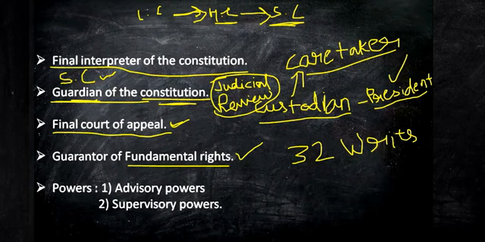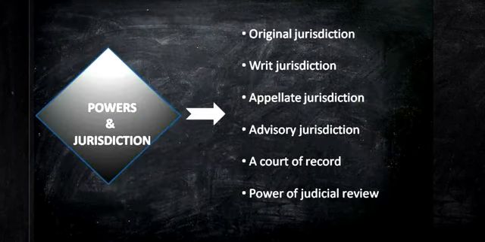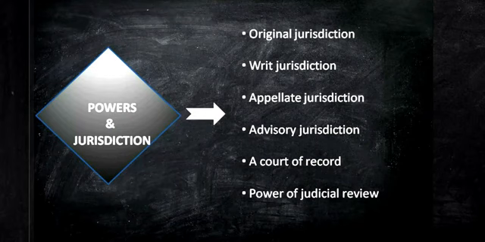Basically, we can classify the powers of the Supreme Court into advisory powers and supervisory powers. And we will discuss all those things clubbed together. So let's move on to the powers of the Supreme Court. It's very important. Basically, these are the powers of the Supreme Court. They are also called the jurisdiction. Why are we calling the jurisdiction and the powers of the Supreme Court equal?